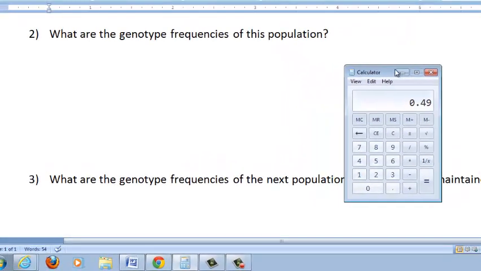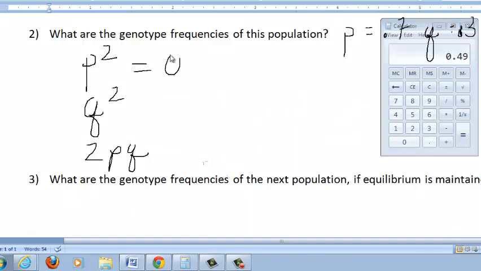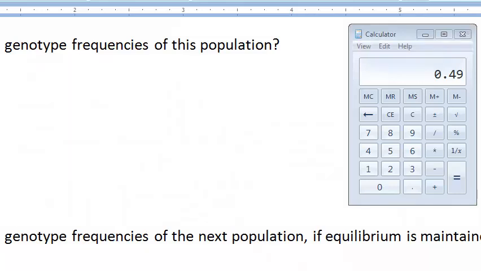Okay, so we're going to put that in, 0.49. Do the same thing with our Q value. To find Q squared we need to take 0.3 squared. 0.3 times 0.3 equals 0.09.